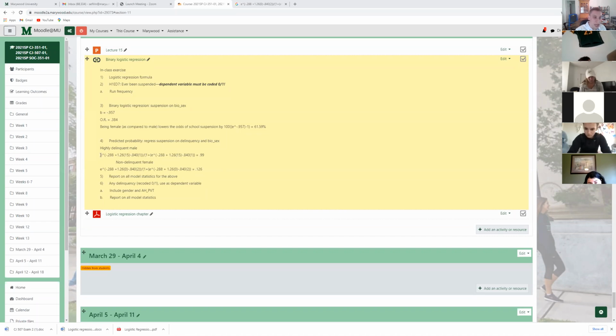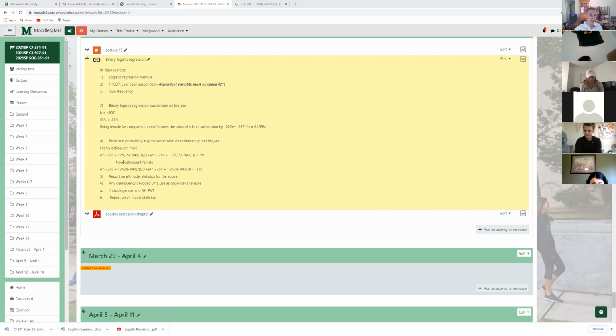And so the equation here is the same equation that we used for linear regression, except all of it is raised as an exponent of a constant, the constant e, and then it's divided by 1 plus that value, and that will give you the predicted probability.